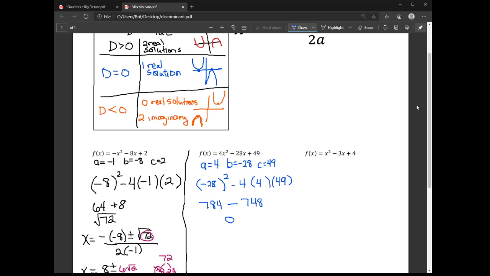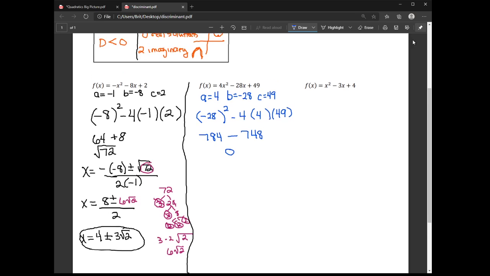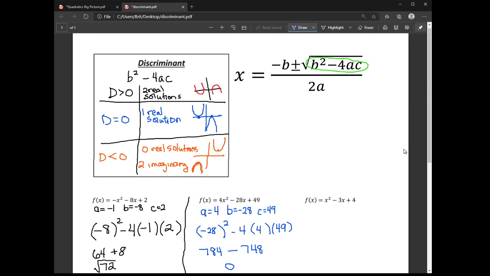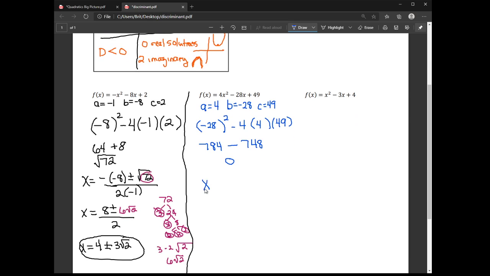So I might want to figure out what that x-intercept is. So I go back to my quadratic formula, which is now going to be a lot easier because this all reduces into a 0. So I have x equals negative b, so negative 28, plus or minus the square root of 0, which won't matter, all over 2 times a, which is 4.